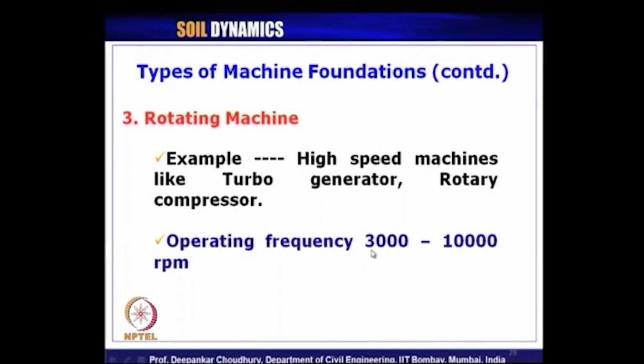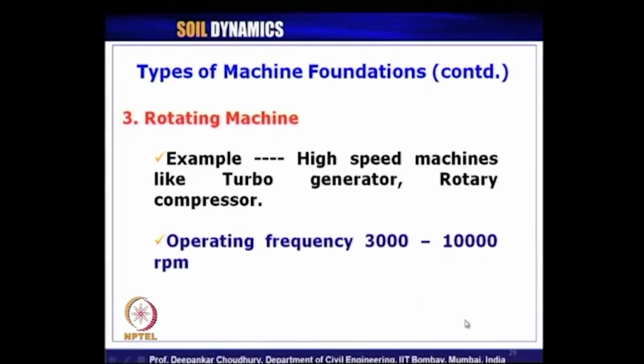Generally in the range of 3000 to 10,000 RPM, very high speed operating frequency, that is why so high. So, if you compare this third category, rotating type machine, with the first category of reciprocating type machine, you can easily see that there the operating frequency was much lower, below 600 RPM, whereas here the order is 3000 to 10,000 RPM.